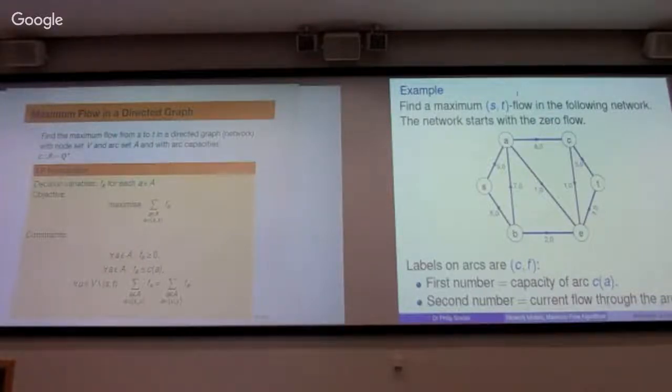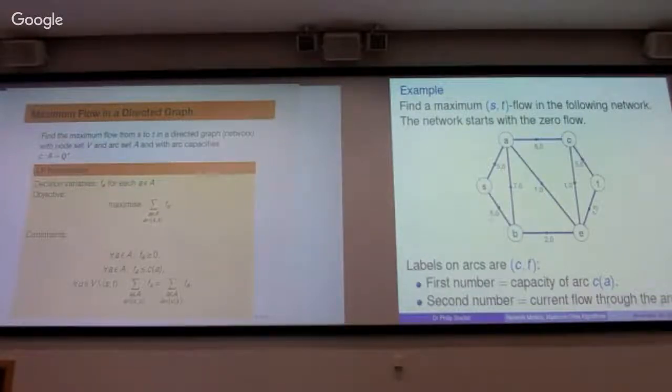I'm sure you do. The maximum flow problem, in this variant, has one source called S, one sink or target called T, and there are capacities on the arcs of a directed graph. So for example, the arc SB has capacity 5. That's the first number.